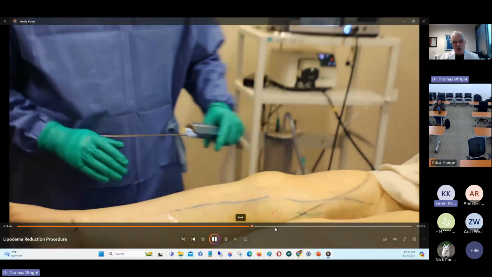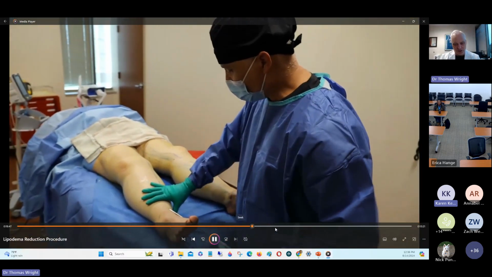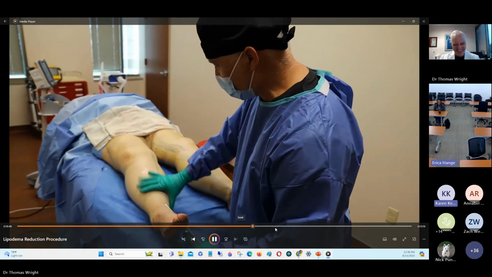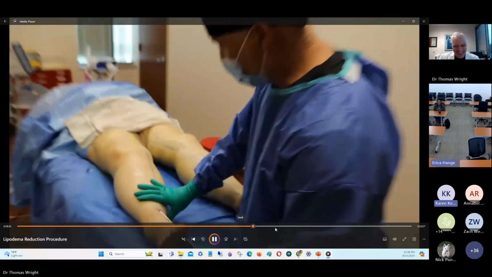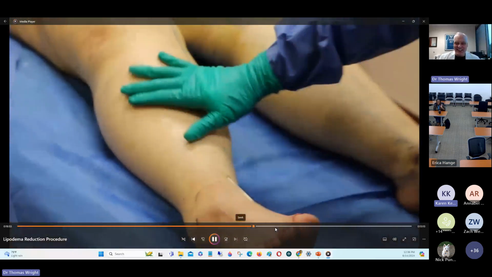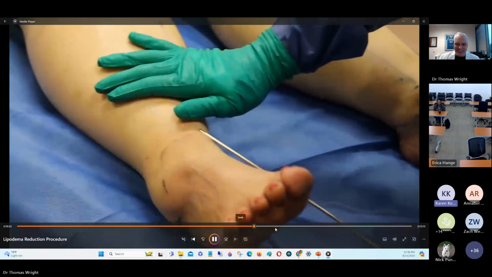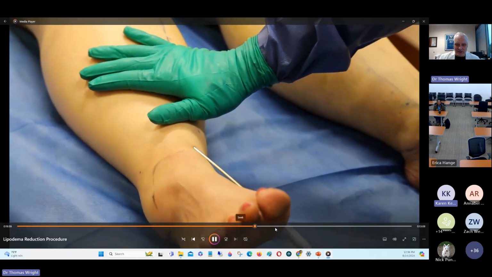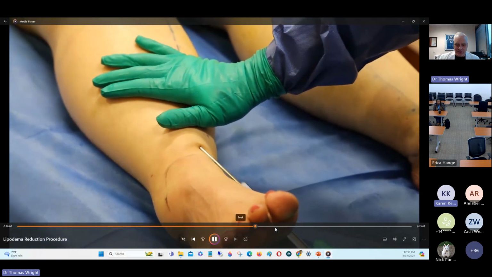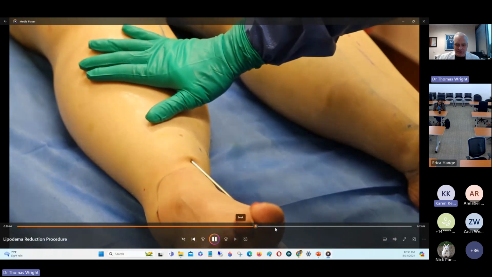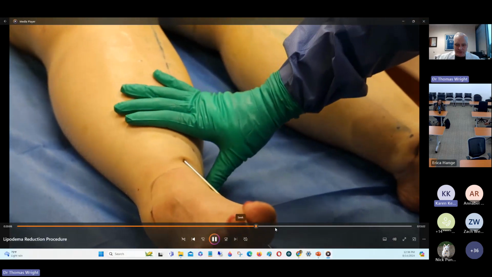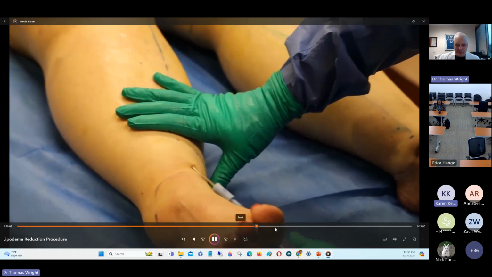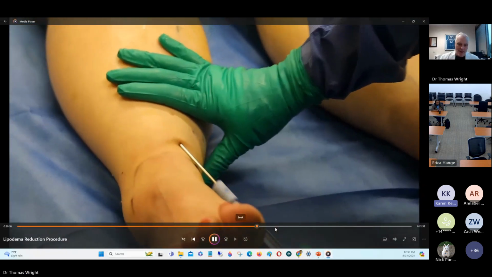Now that's when I was using the older model. I got the newer models, I just want to be clear. Staying clear of them, just going longitudinal up the leg, nice.